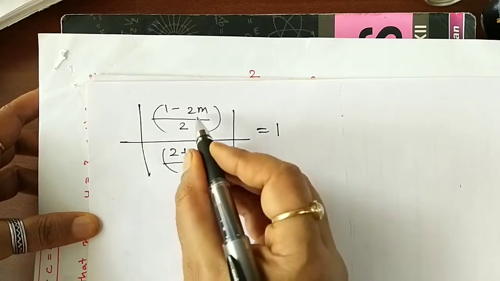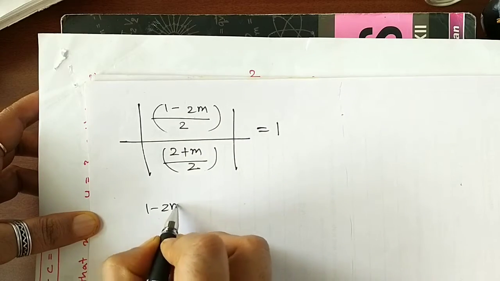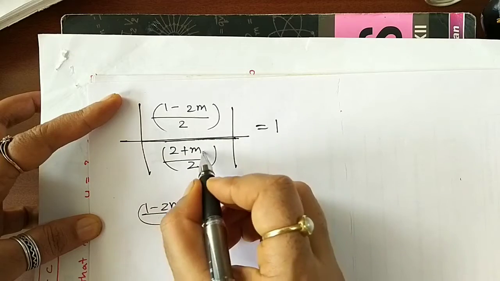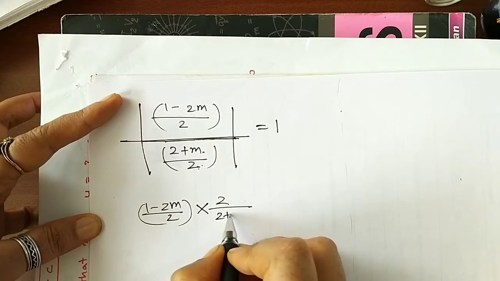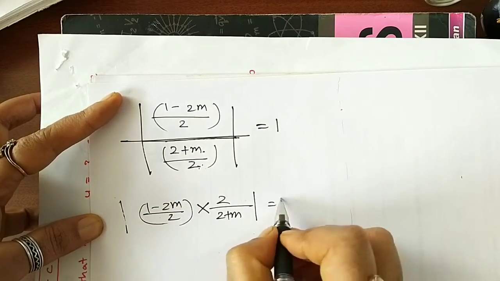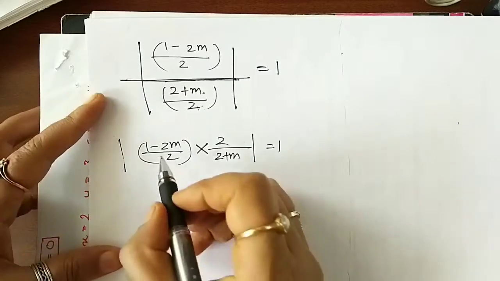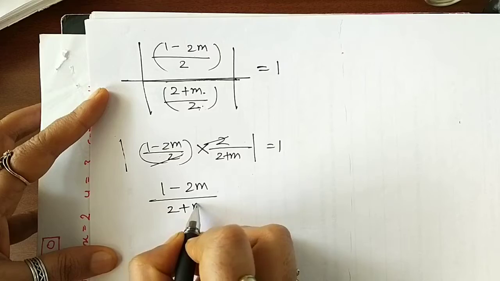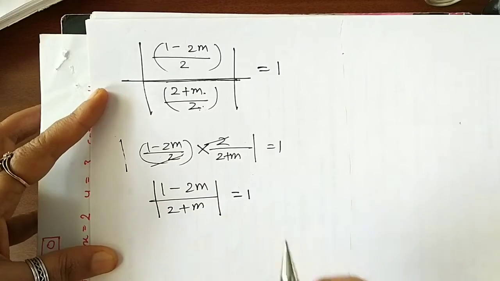When we write this by this, it will be (1 minus 2m) by 2 into, see, this division becomes multiplication if I flip it, so flip it: 2 by (2 plus m), mod is 1. Here the 2 will cancel. So I am getting (1 minus 2m) by (2 plus m), mod is 1.